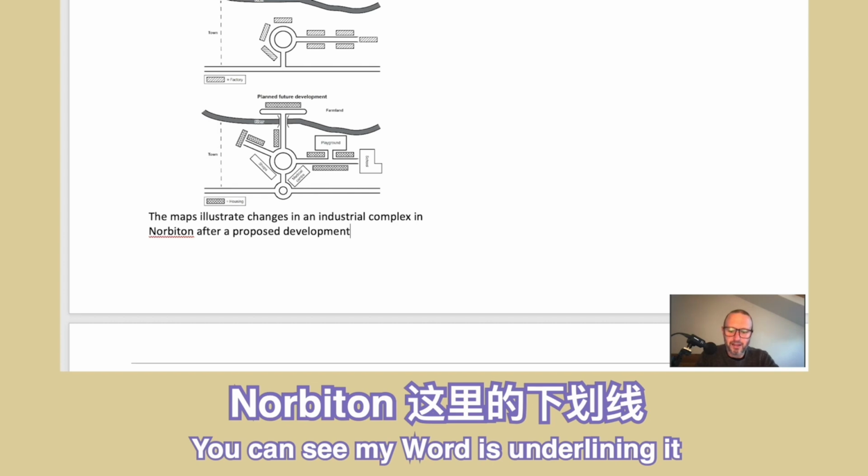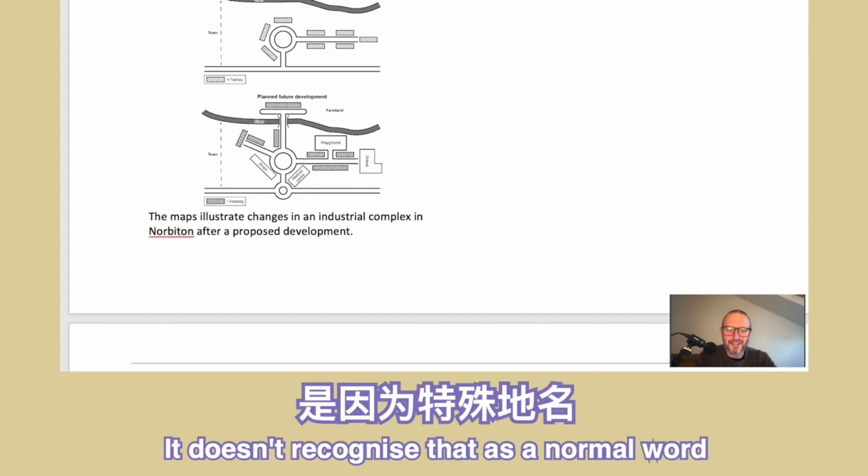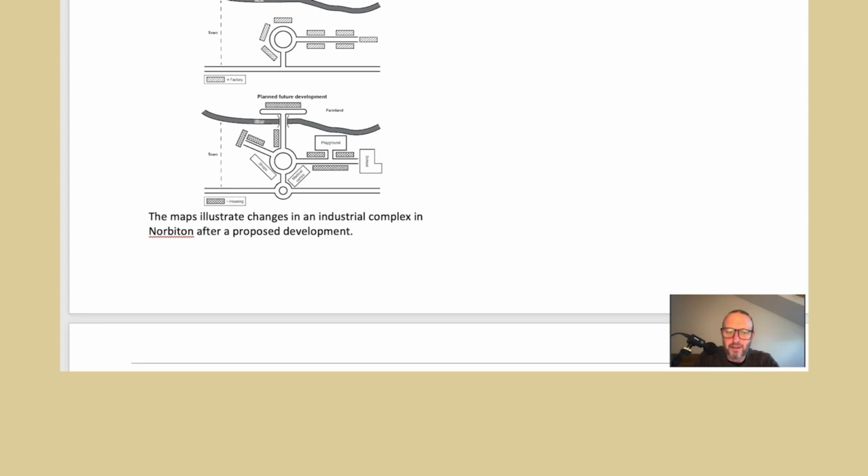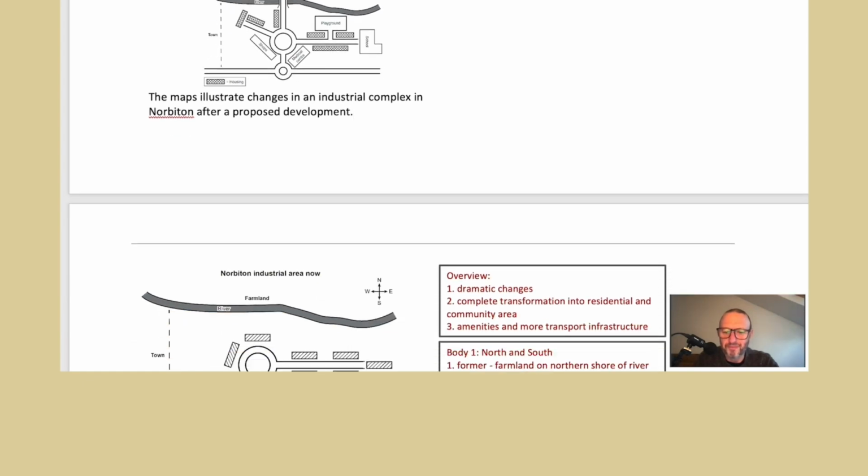You can see my word is underlining. It doesn't recognize that as a normal word because it's the name of a place. So the maps illustrate changes in an industrial complex in Norbiton after a proposed development.